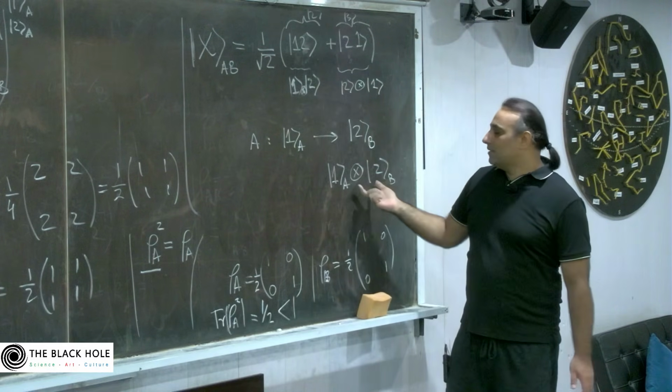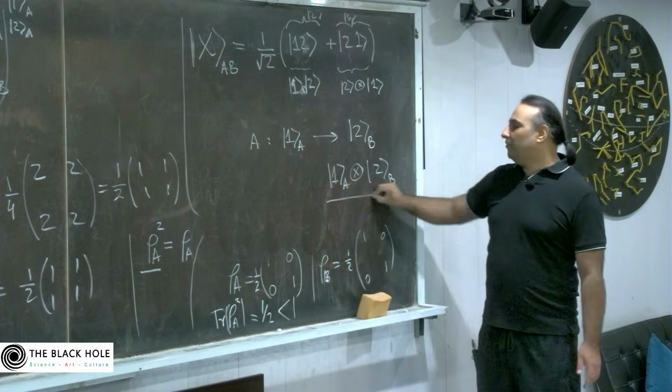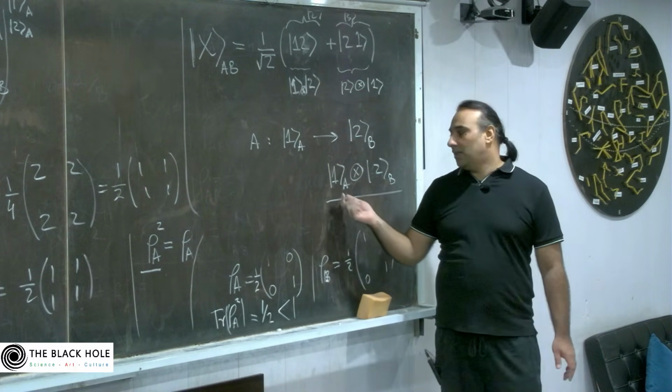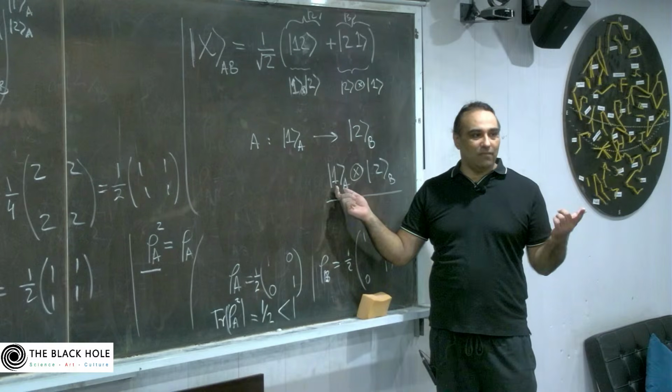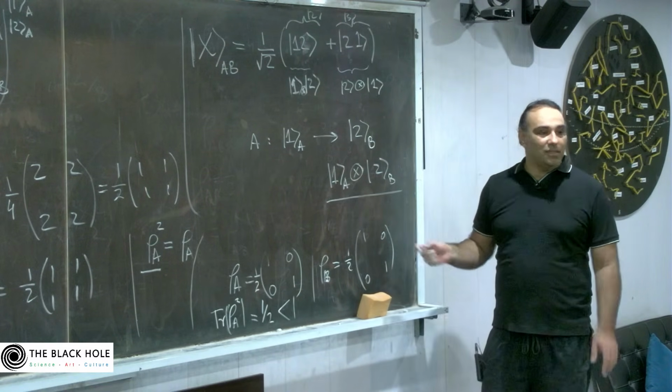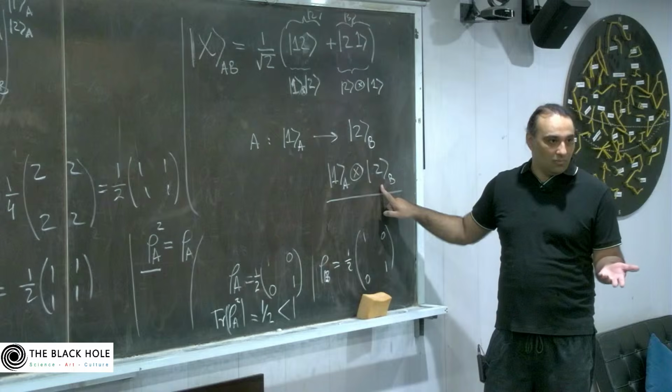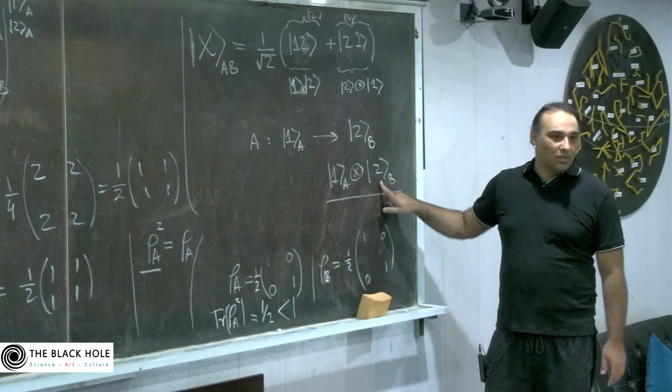So I'm writing it like this. If your measurement projects your state onto state 1 of A, then automatically B will be in state 2.